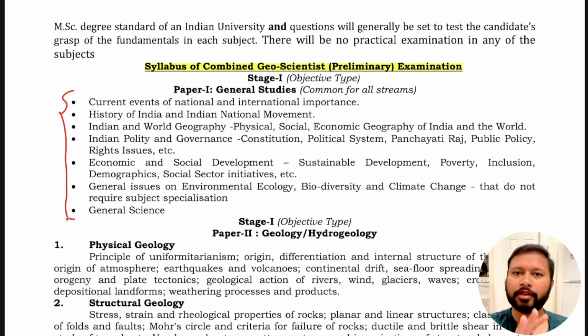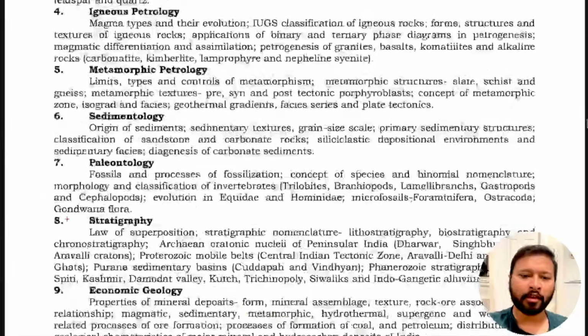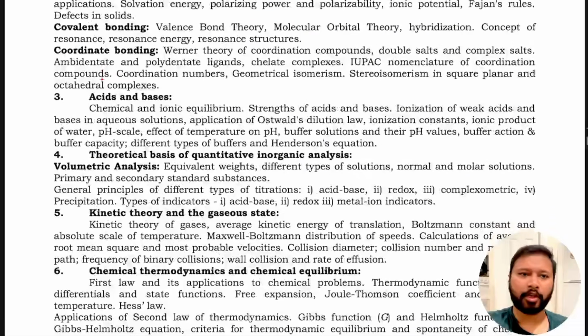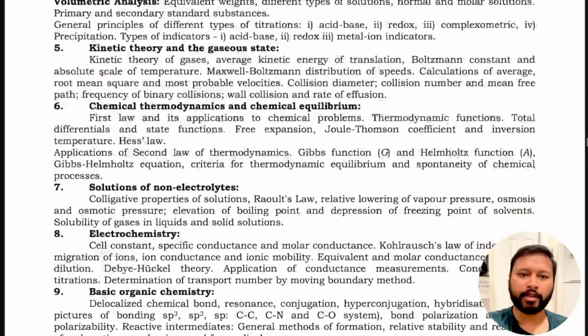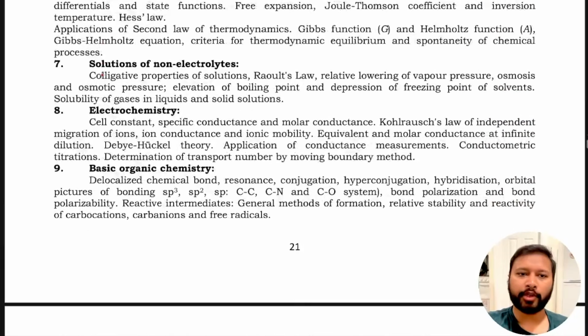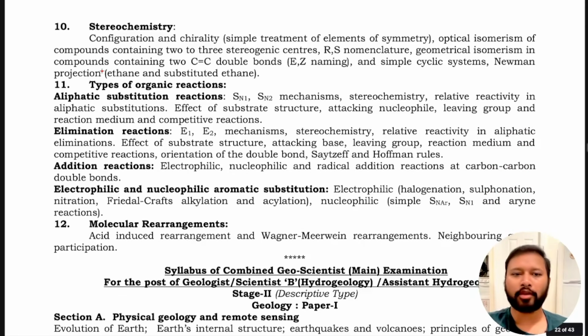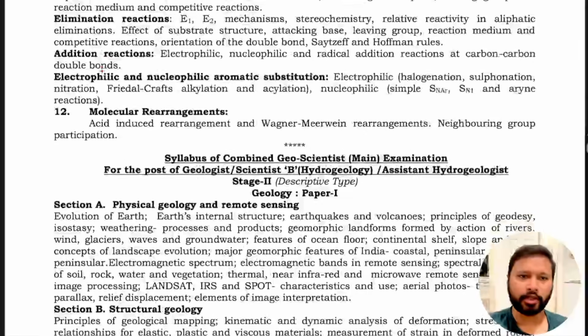Okay, it is relatively easier. For chemistry, for the preliminary objective type exam, you have topics like chemical periodicity, chemical bonding, acid and base, kinetic theory of gases, thermodynamics, solution, electrochemistry, basic organic chemistry, stereochemistry. So basically all your chemistry of masters. Okay, that's what you have to study.